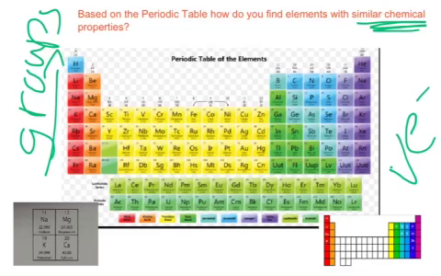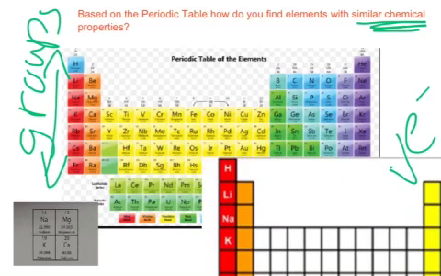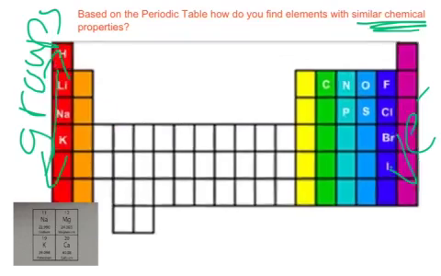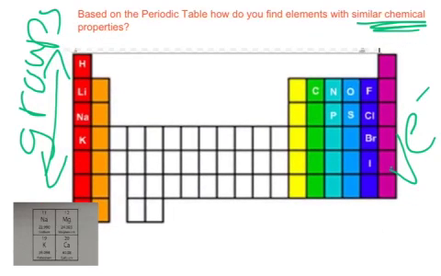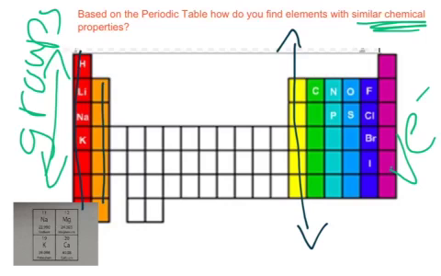The groups run vertically on the periodic table. So when we are looking for elements with similar chemical properties, we are looking at our upstairs, downstairs neighbors. We are not looking at our next door neighbors. So we're looking for elements that are similar here in our groups. The groups upstairs, downstairs are the ones that tell us similar chemical properties.